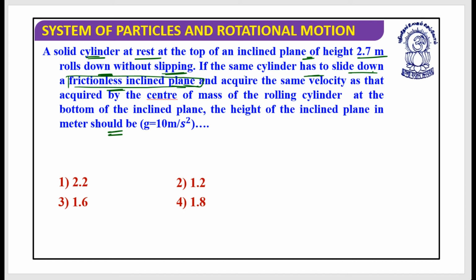So the situation is that initially a solid cylinder is at rest at the top of an inclined plane of height 2.7 meters. Let's have a sketch of it. It has started its journey from rest and rolls down without slipping. This height h is equal to 2.7.